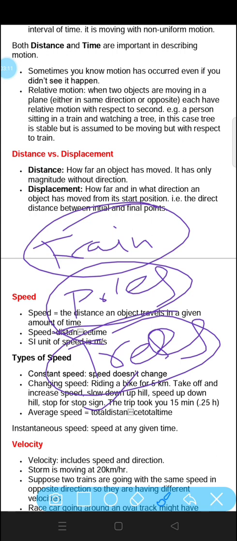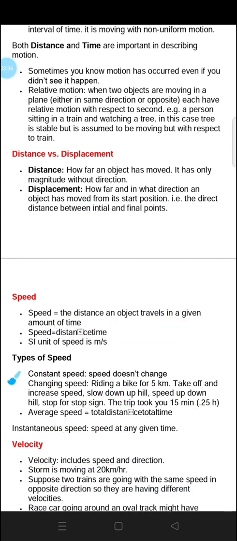But it is exactly not correct. What is moving is only the train, and the trees and poles are stationary. But they are in motion with respect to one another. That is why we can assume that trees are moving, poles are moving, or whatever object we see through the window of the moving train. It is because of the relative motion of the first object with the second object.